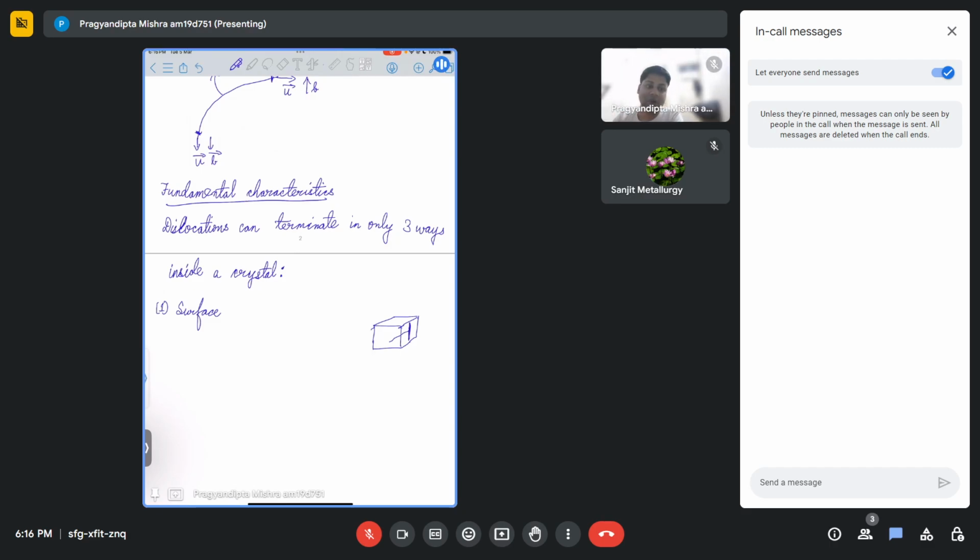But surface does not only mean the actual surface of a particular material system or the particular body that we are examining. Surface could also mean other things. For instance, when we are looking at a single crystal, we might have a surface in the form of a grain boundary.